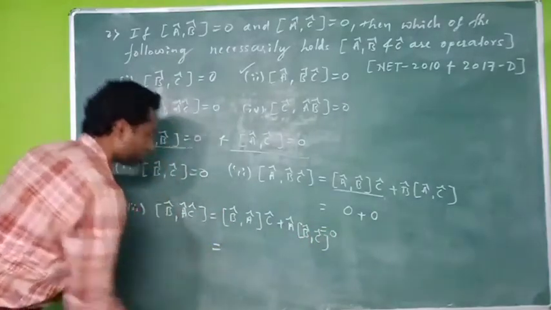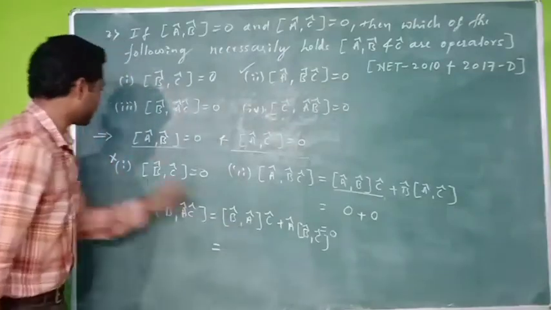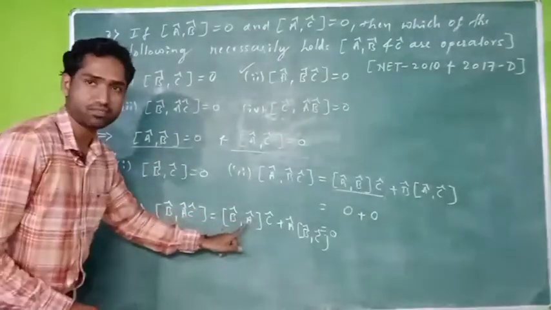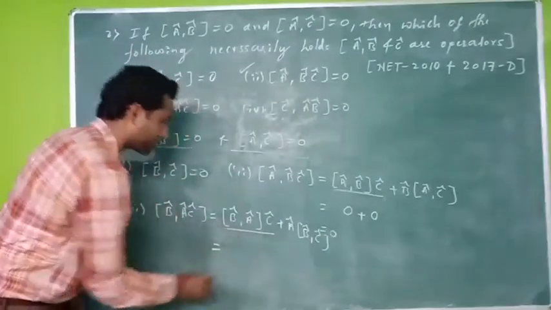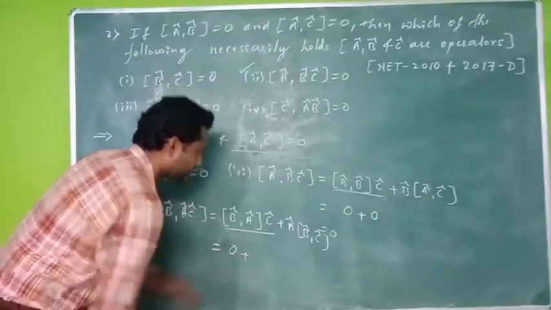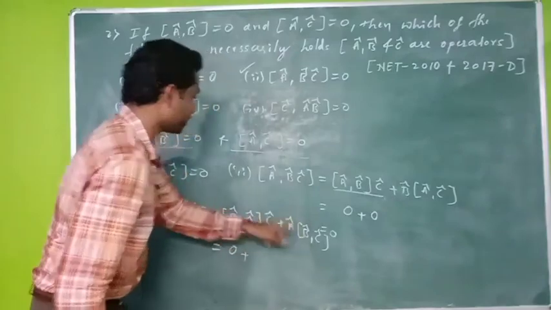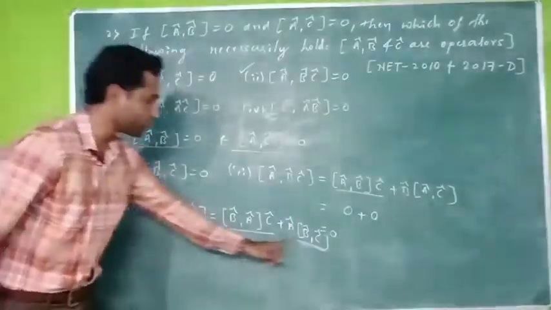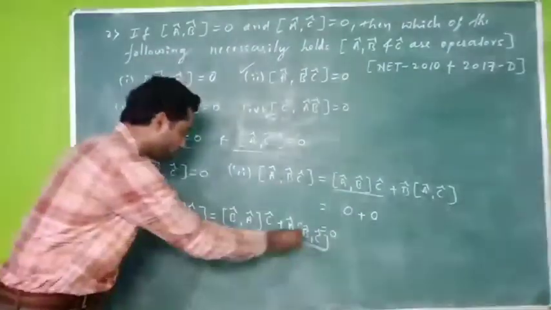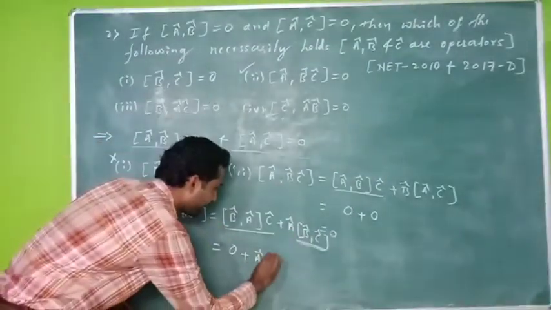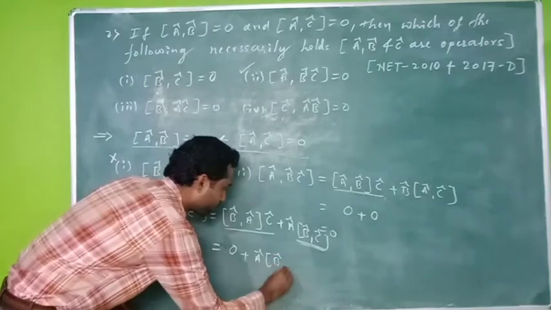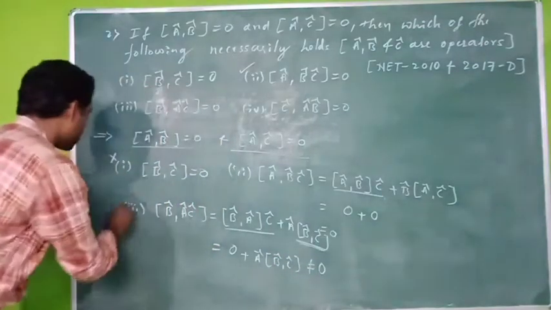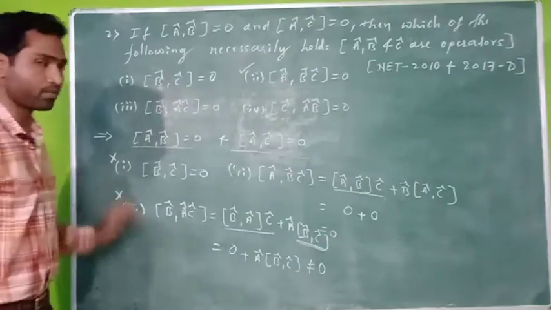The commutator AB is equal to 0, so this one becomes minus 0, which means this whole term becomes 0, plus A times the commutator of BC. I don't know the value for this one. They have not given the commutator of BC. Therefore the answer for this is A multiplied with the commutator of B and C, which is not equal to 0. Therefore the third option is also not the correct option.